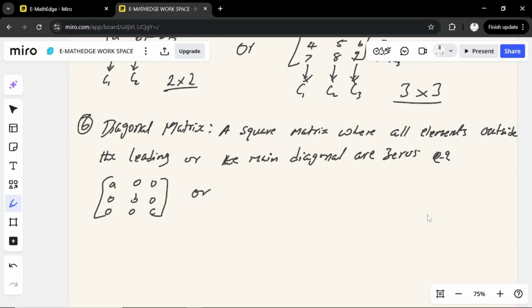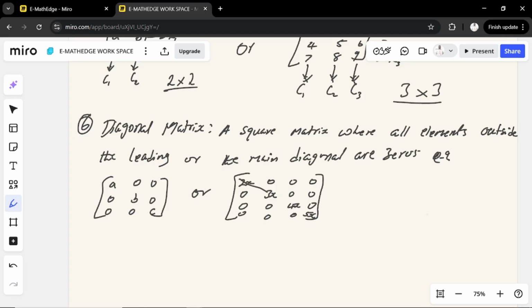or it can have 2x, 0, 0, 0; 0, 3x, 0, 0; 0, 0, 4x, 0; 0, 0, 0, 5x.